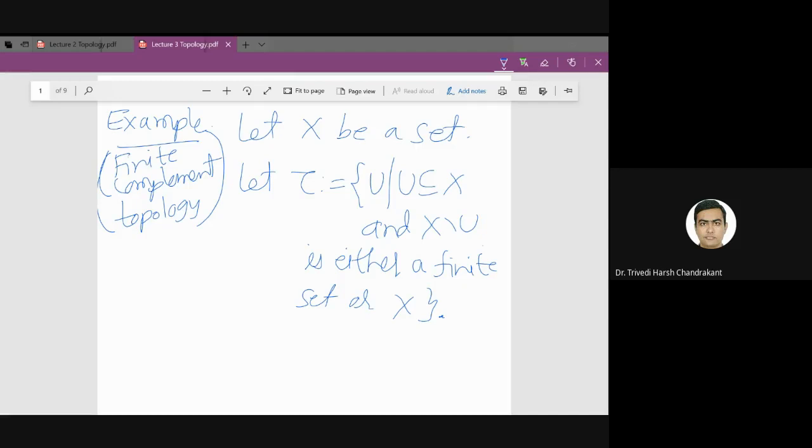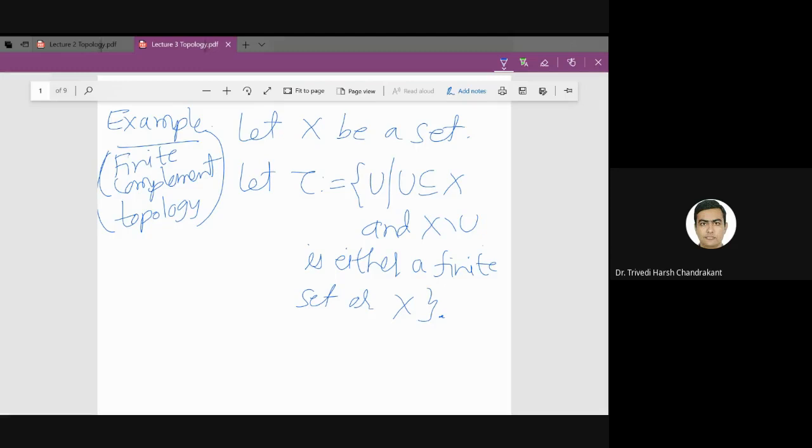I am given the set X. This tau contains the sets U such that U is a subset of X and X minus U, that means U complement, is either a finite set or the whole set X. So X minus U is either a finite set or X minus U equals X. All such U we will take to belong to tau.